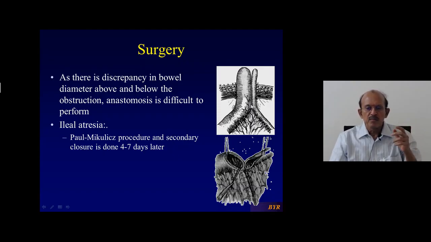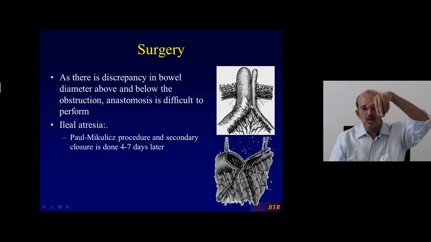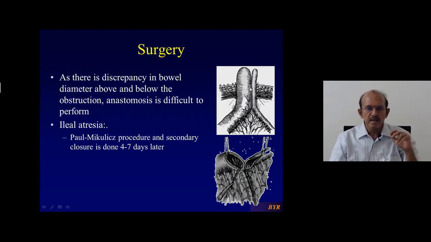Once it separates, the enterotome falls off on its own because it has no support there. So once it falls, the septum has been lost. The contents will go from this end to this end. Once the child's condition improves, you close these openings, just push them inside and close the overlying skin. So this is called the Paul Mikulicz anastomosis. For ileal atresia, this is a very simple operation that you can do.